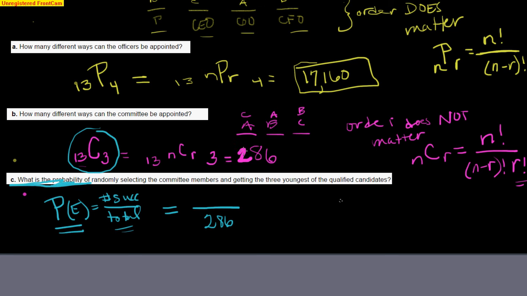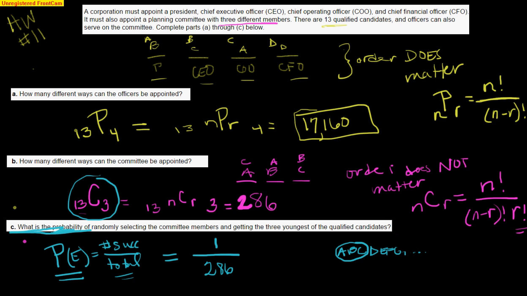Well, let's say your 3 youngest people are A, B, and C. You've got D, E, F, G, and so on, all the way to 13 people. If your 3 youngest people are A, B, and C, well, how many different ways can you get A, B, and C? Because order doesn't matter in combinations, it's just one way. There's one way to get A, B, and C, and that's A, B, and C. So real simple. 1 out of 286. And there you go.